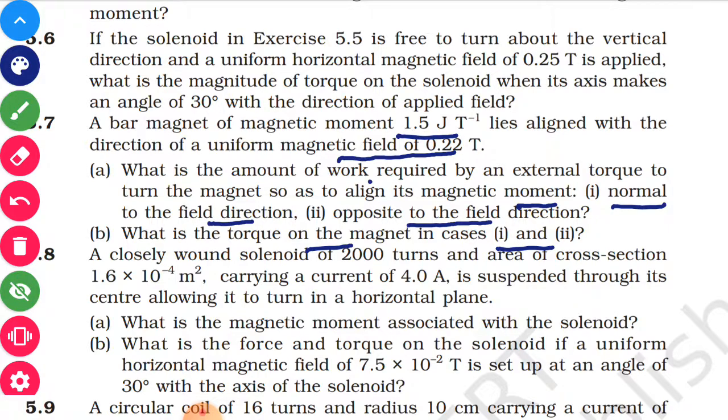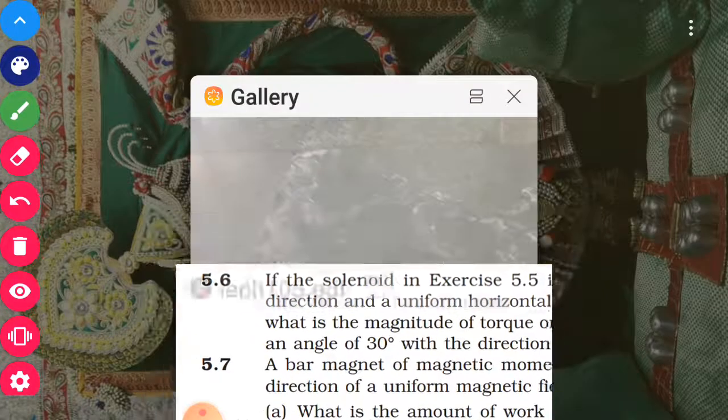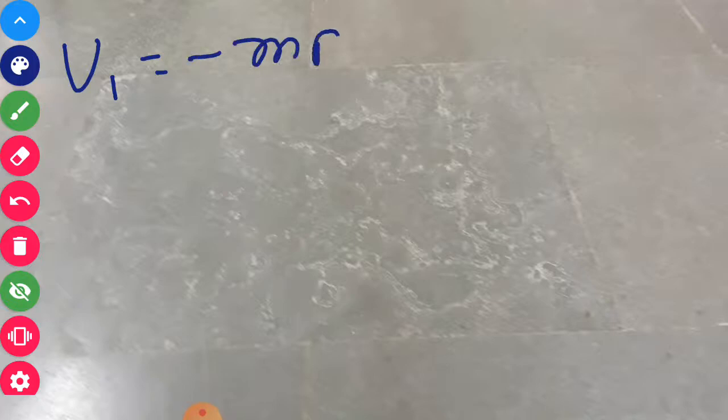Okay. Now see, first of all, the potential energy of the dipole is given by U equal to minus m dot B. We can easily write U1, for the initial position, as minus m dot B, so mB cos theta, and it becomes minus mB cos theta 1, where theta 1 is the initial angle of the magnetic moment with the magnetic field.